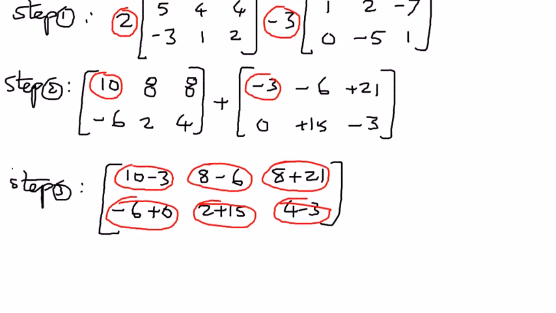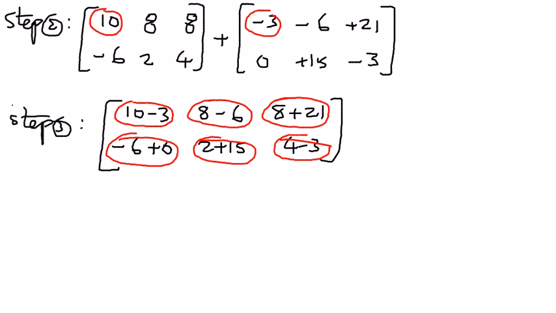Therefore, when we simplify this, this is going to simplify as follows. 10 minus 3 is going to be 7, 8 minus 6 is 2, 8 plus 21 is 29, negative 6 plus 0 is negative 6, 2 plus 15 is 17, 4 minus 3 is 1.